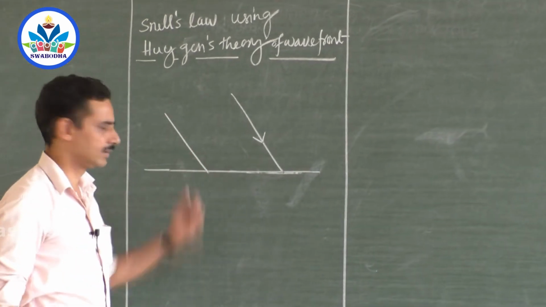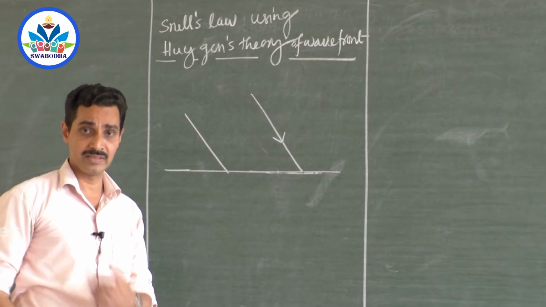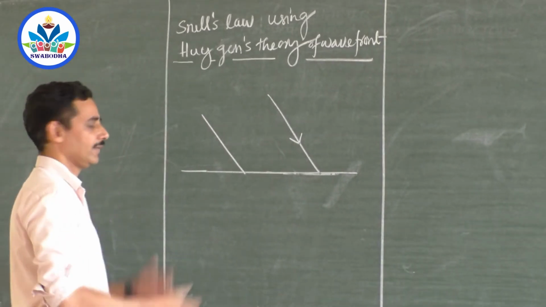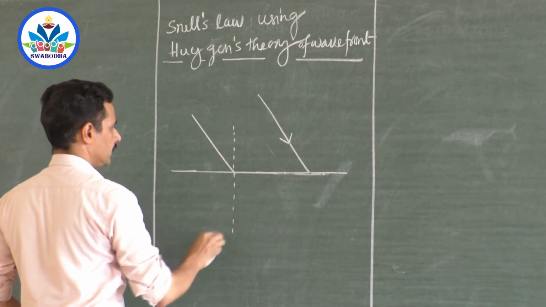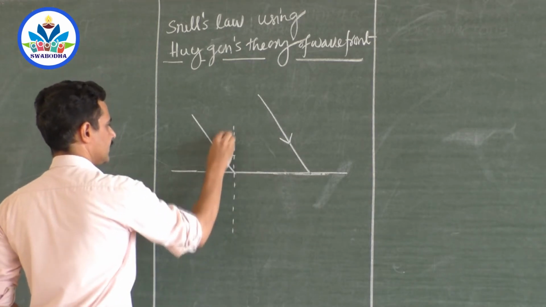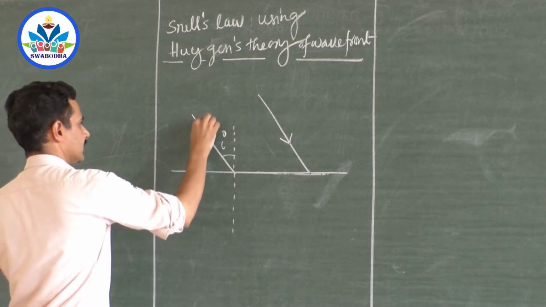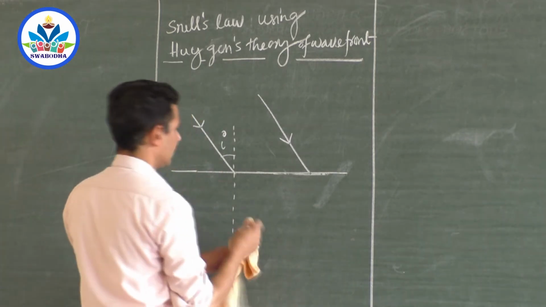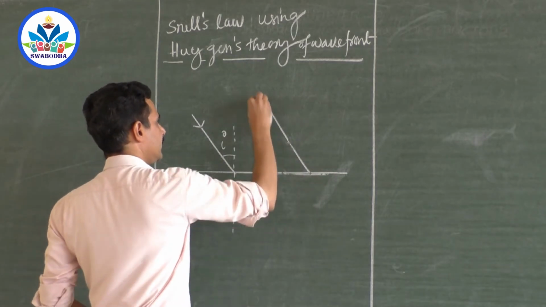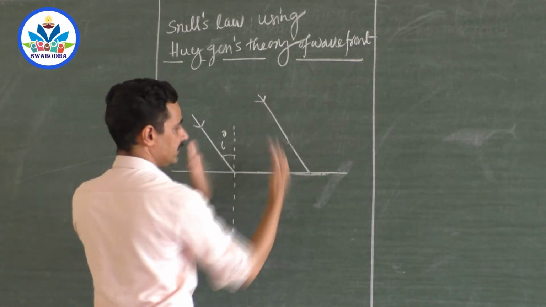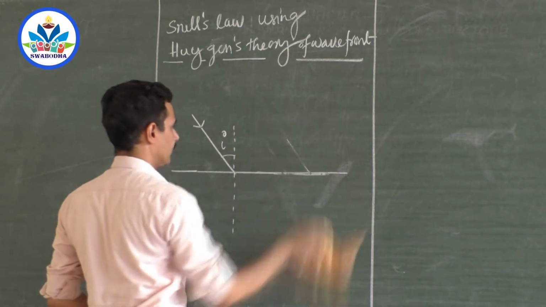When they fall on this surface, secondary wavefronts will start traveling in different directions. Suppose this is the normal drawn here, and this is the angle of incidence. If you take this as a single ray, then this is the angle of incidence. This is not a single ray; it is a parallel beam of light.